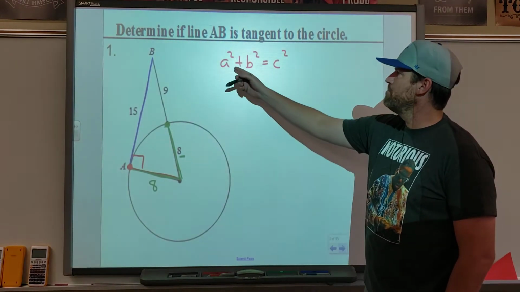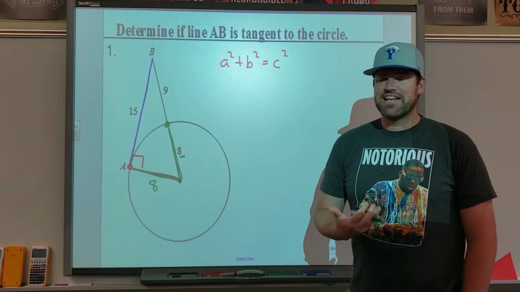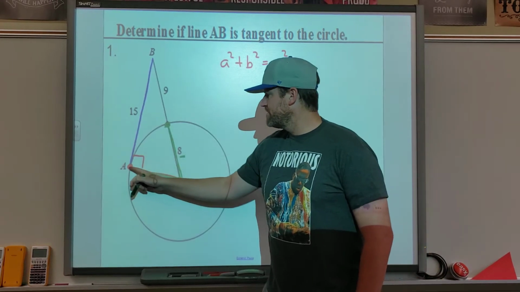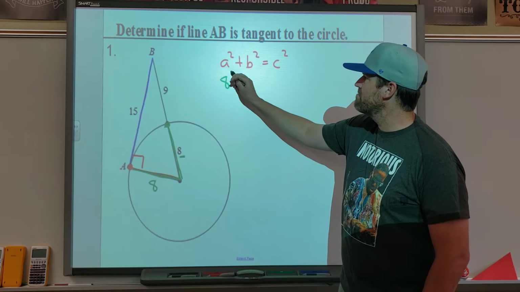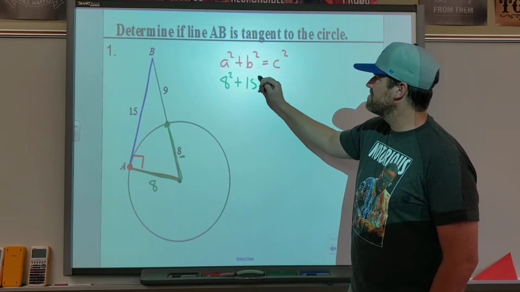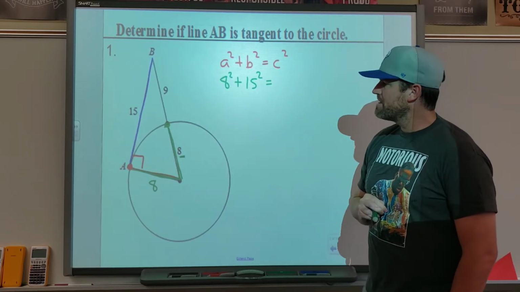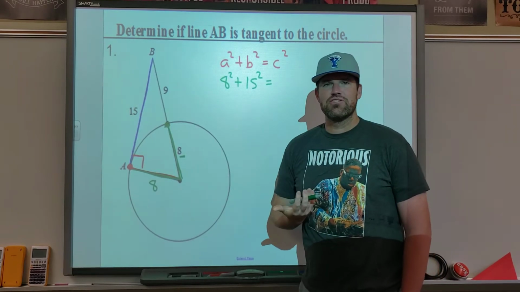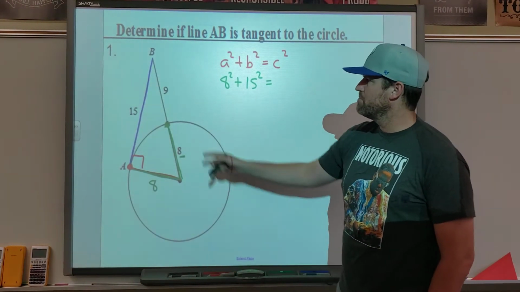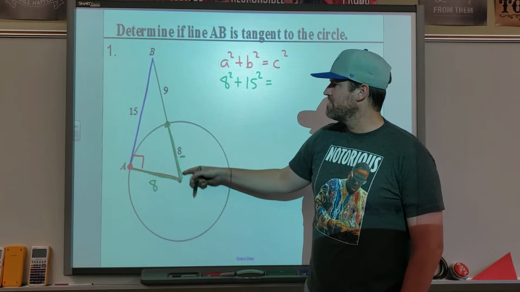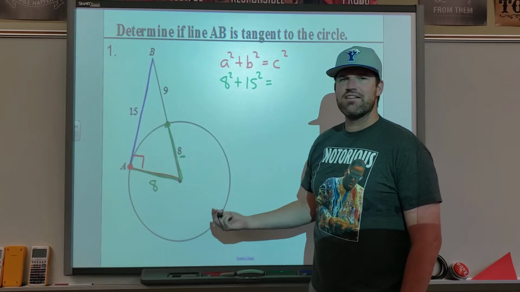So now when I go to find my a, b, and c, now I actually have the numbers I need. My legs are going to be 8 and 15. So I'm going to try 8 squared plus 15 squared. And then based on this diagram, how long is my potential hypotenuse? It's going to be 9 plus 8. So I need that whole length there, which would be 17.